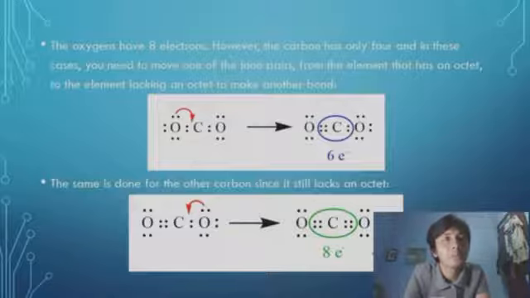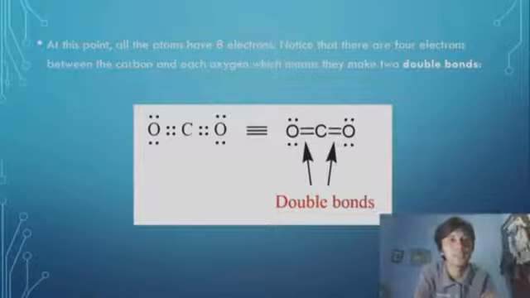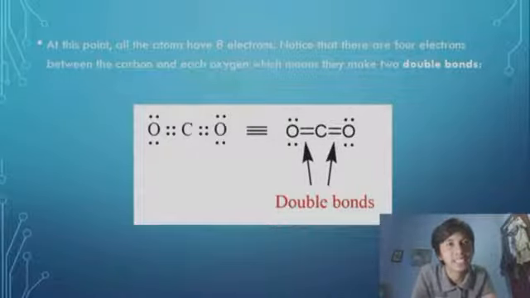As you can see here, we move one of the lone pairs from the oxygen, and the same is done for the other oxygen, since the carbon still lacks an octet. We just do similar things as we have done earlier. At this point, all of the atoms have 8 electrons.